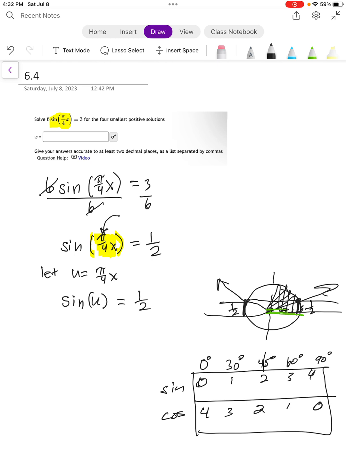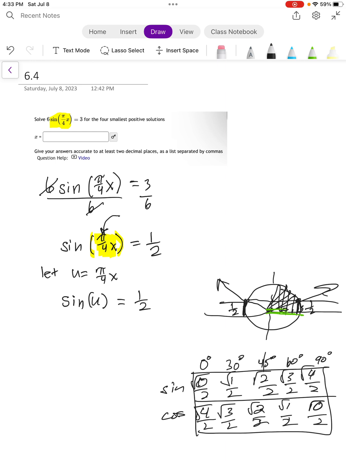Then you put everything over 2, and you take the square root of the top of all of them. And that's all of the angles that you should have memorized.